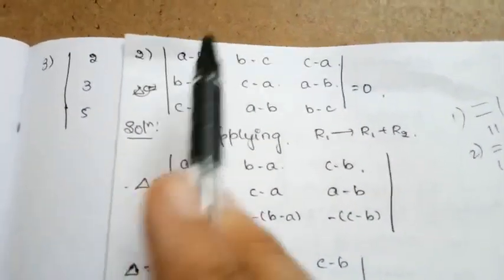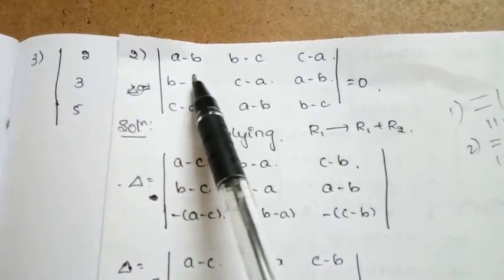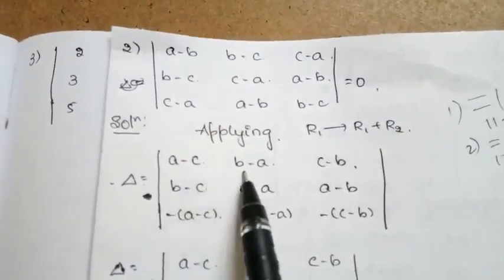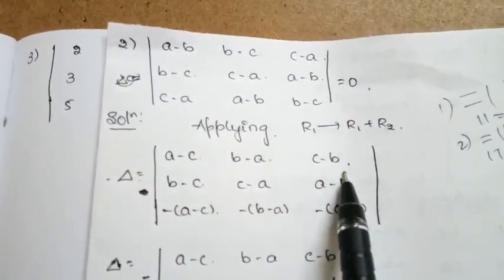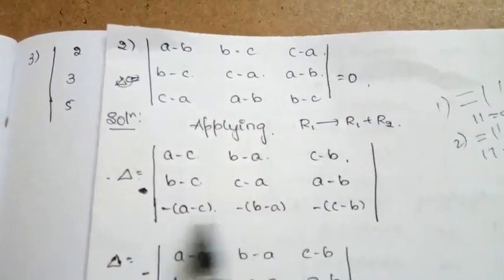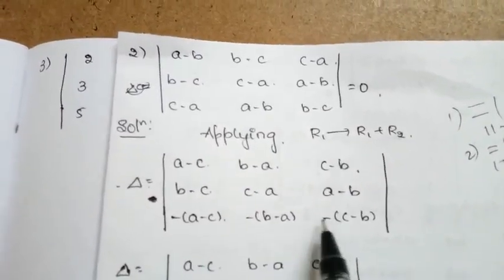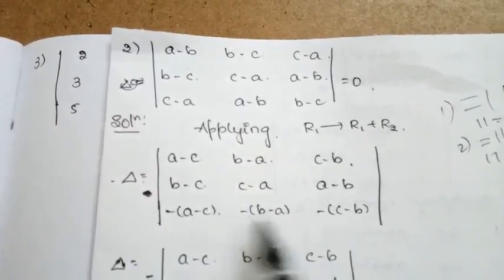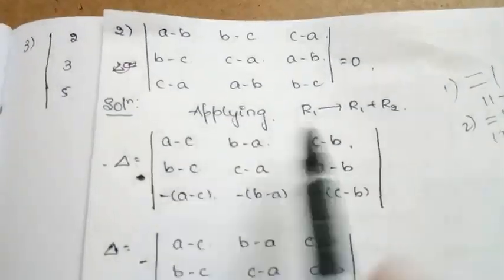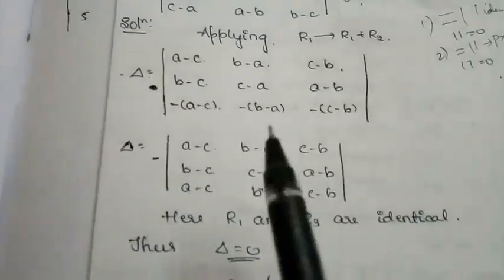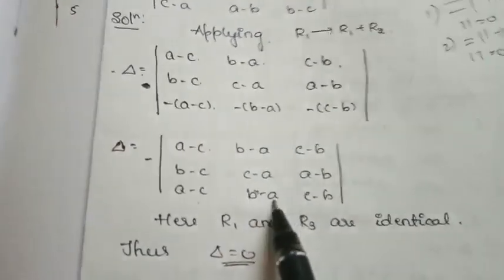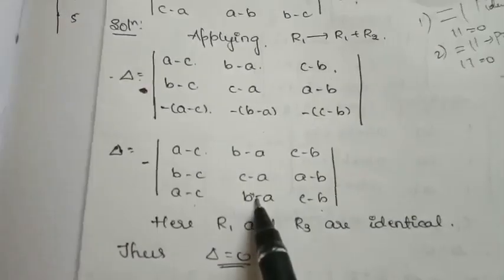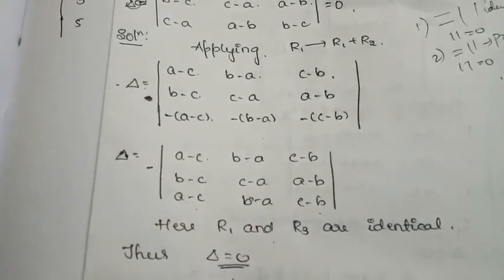You can see that row 1 becomes A minus C, B minus A and C minus B. If I take minus 1 common from the third row, you can see that row 1 and row 3 become identical, that is A minus C, B minus A, C minus B. So when 2 rows are identical, the value of the determinant is equal to 0.